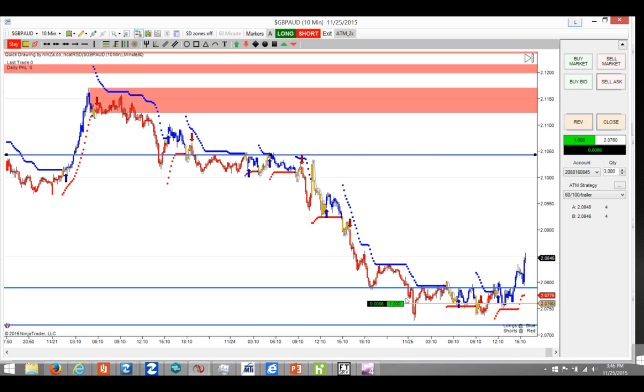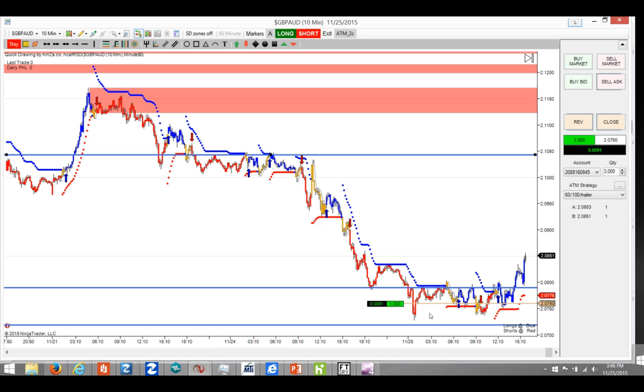And I took a trade as my stop loss is here. It's about 43 pips away. I'm currently up 86 pips. So I'll give you an update back on this trade, and we'll see what happens.